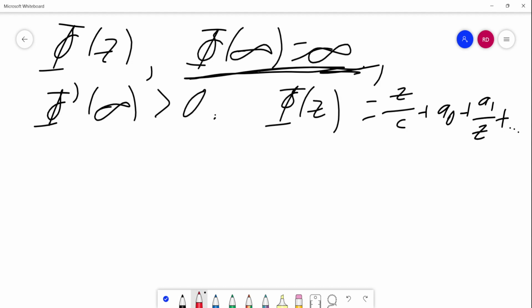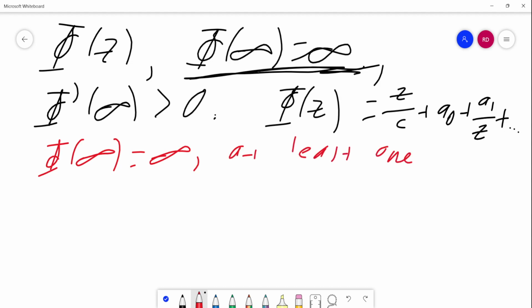Well, phi of infinity equals infinity means at least one positive power. If we didn't have that positive power, then as we go to infinity, everything would zero out except for a naught. But we want to go to infinity, so we need some power of z to be positive.